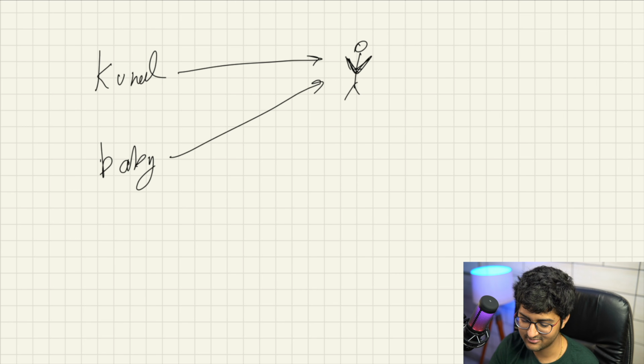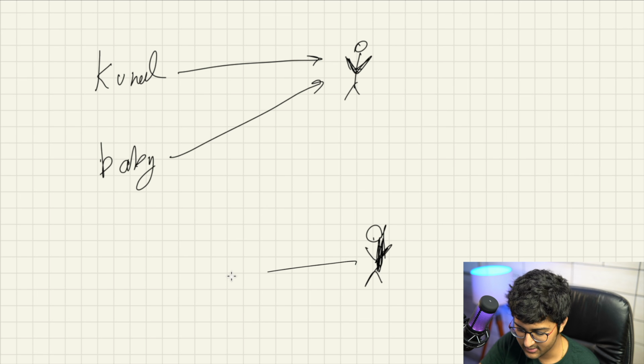This is a hypothetical situation, by the way, trying to make you understand. So I can either be called Kunal or baby. If you call me by Kunal or she calls me baby, the same person is being called. Let's say there comes another person, and this person's name is another object. So this name is Adam Levine or whatever.